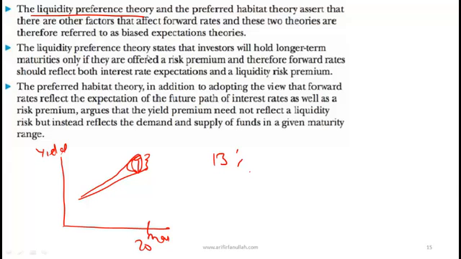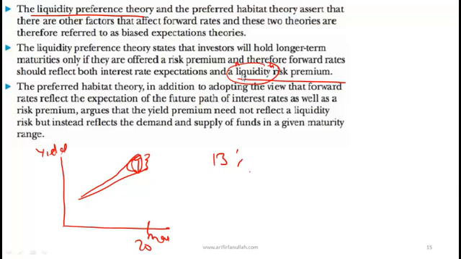The liquidity preference theory states that investors will hold longer term maturities only if they are offered a risk premium, and therefore forward rates should reflect both interest rate expectations and the "liquidity" risk premium, with liquidity in quotes. I don't know where that term comes from, but it's called the liquidity risk premium.